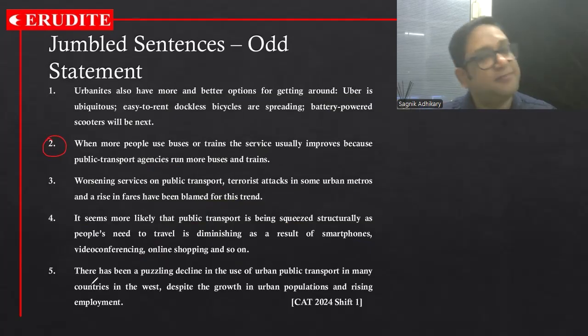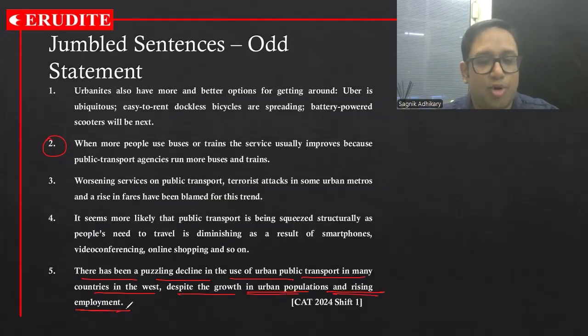When we look at 5, the rest of the sequence becomes clear. There has been a puzzling decline in the use of urban public transport in many countries in the West, despite the growth in urban populations and rising employments. So despite growth in urban populations, we see that the context is, the situation is urban settings, rising employment.